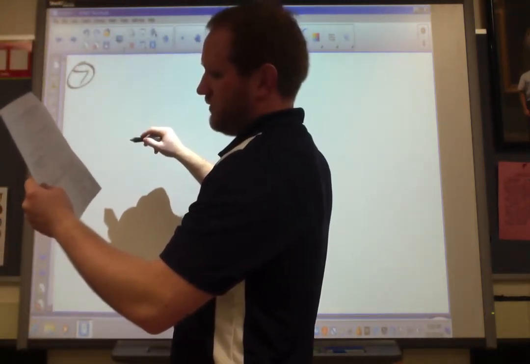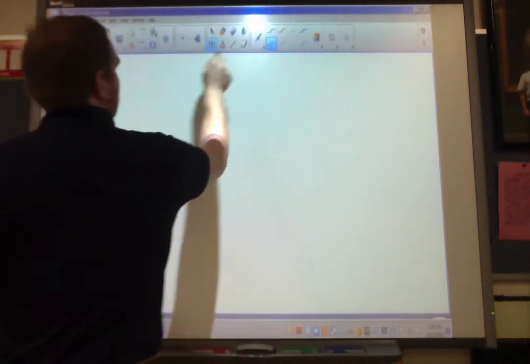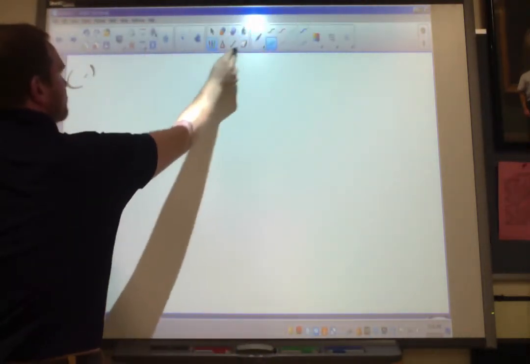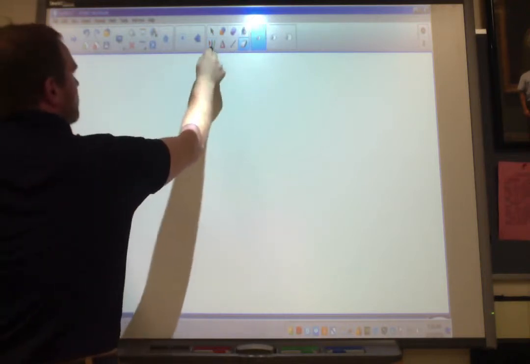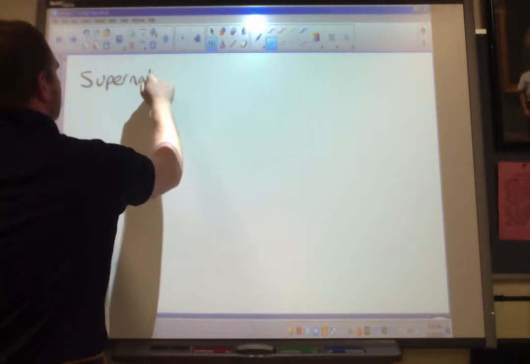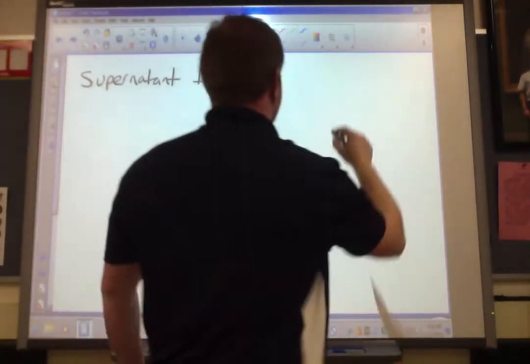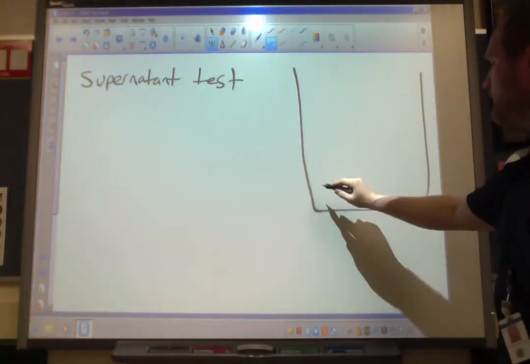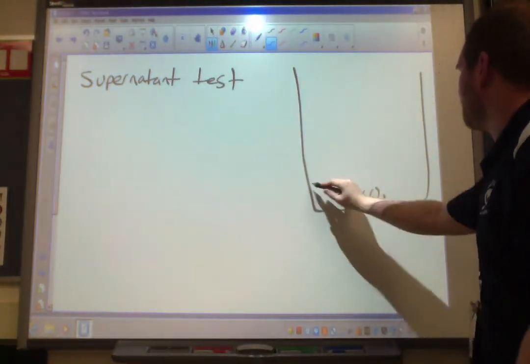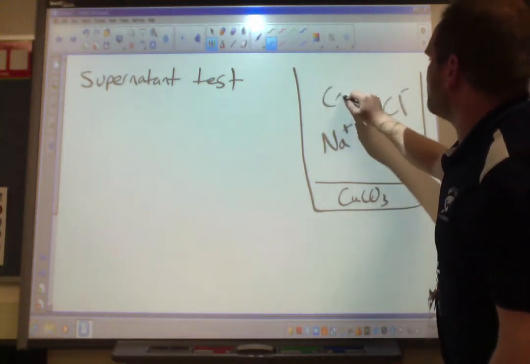Oh, you know what? I forgot to do number 6, which was the supernatant test. I can do that over here. So for this, let me just rewrite my beaker over here. So I had CaCO3, I had Na, Cl, and Ca.